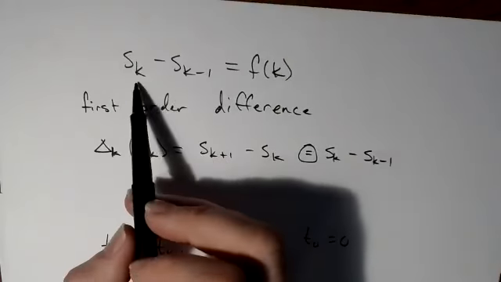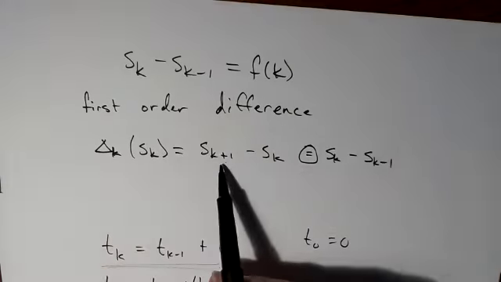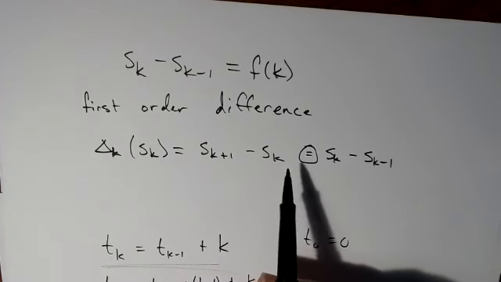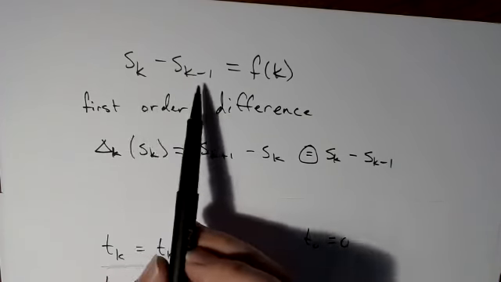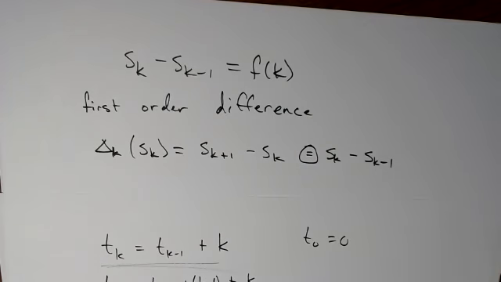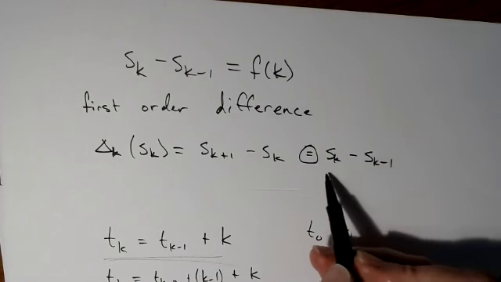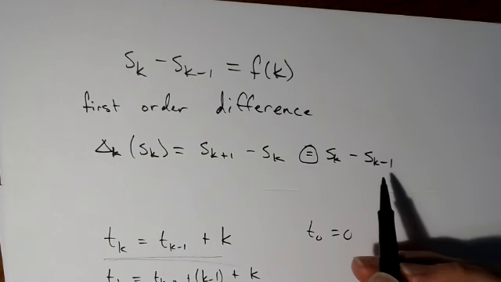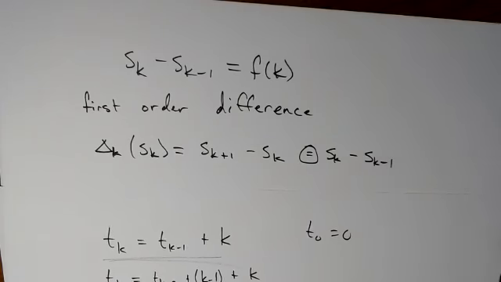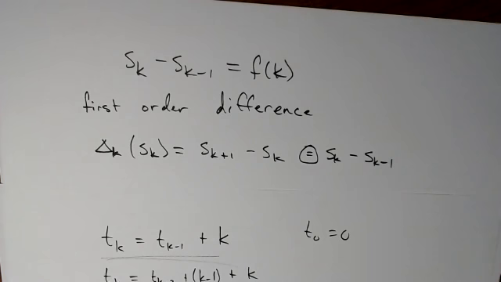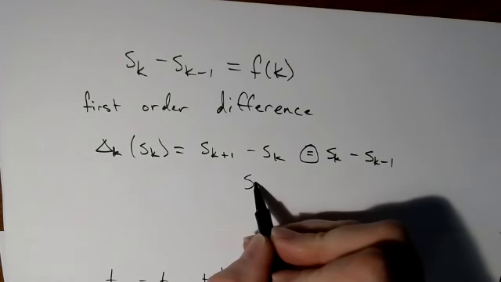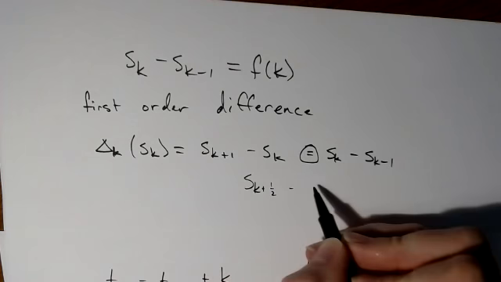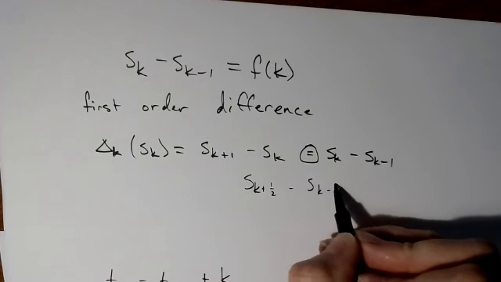If I've got a relationship between k and k minus 1, then I also have a relationship between k plus 1 and k. So we could re-index this and make it a first order forward difference equation, or, like I said, there is a backward difference. There's also a mid difference or the average, I can't recall what it's called, where it's s of k plus 1/2 minus s of k minus 1/2.